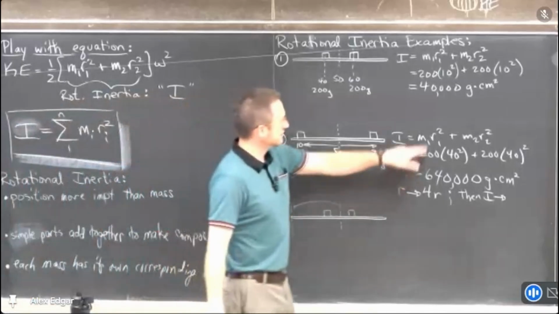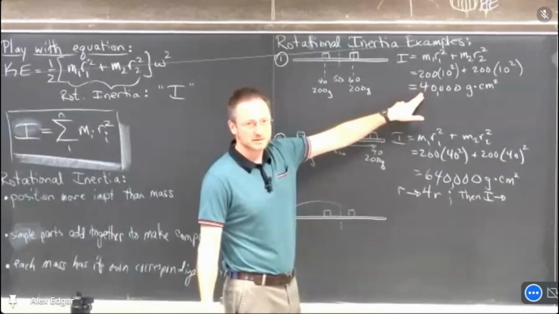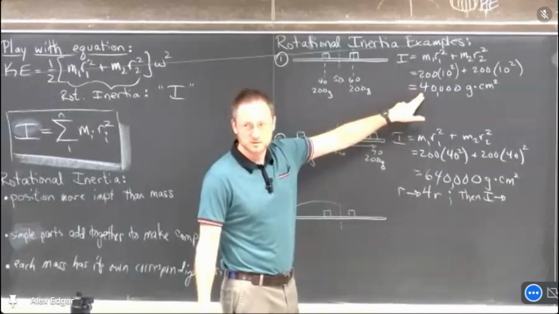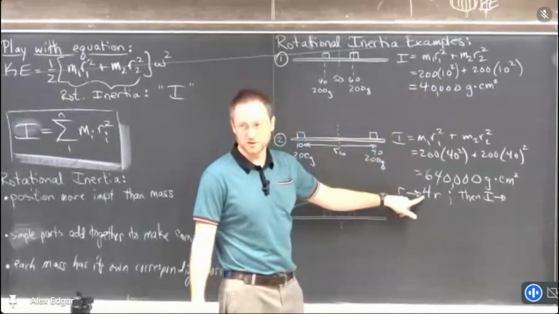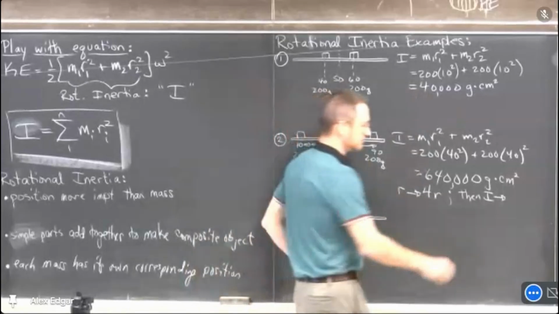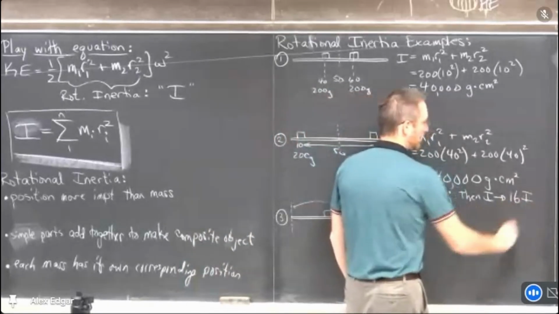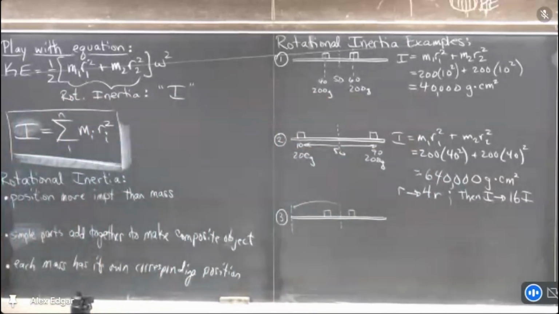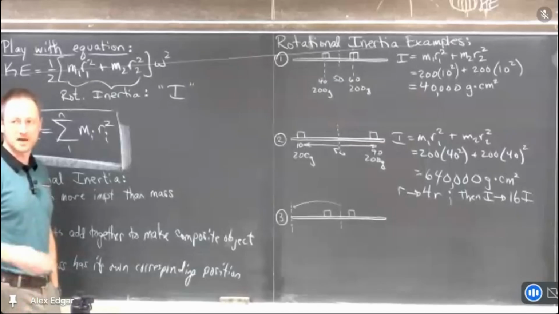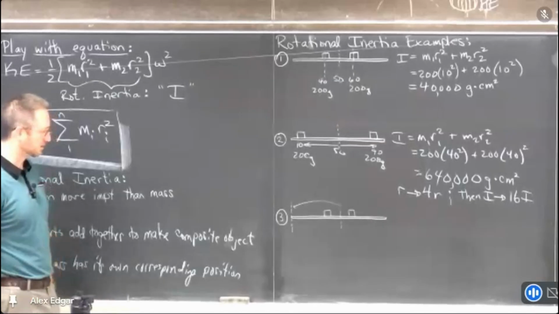If we take this and divide by that, what do you get? 16? 64 divided by 4 is 16? Also known as 4 squared. So 16I. So you could either brute force it and calculate it all over again, or you could use the relationship and say, well, if I increase the radius by a factor of 4, I need to square that, and that's going to tell me how much the inertia is going to increase by.